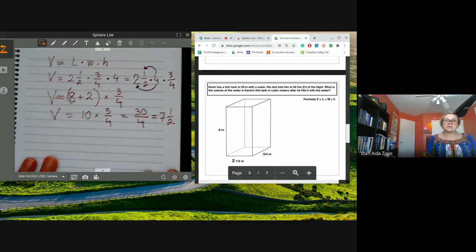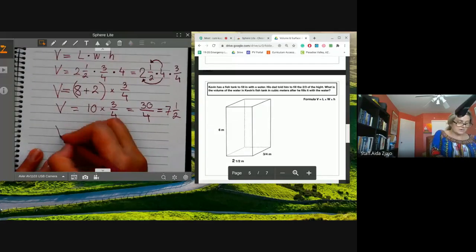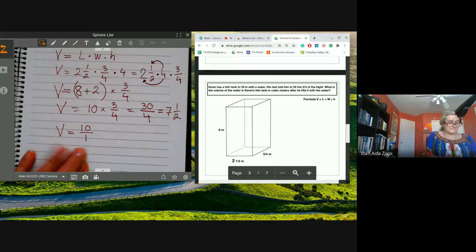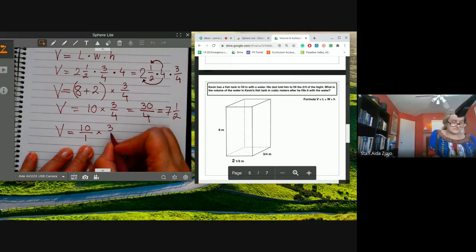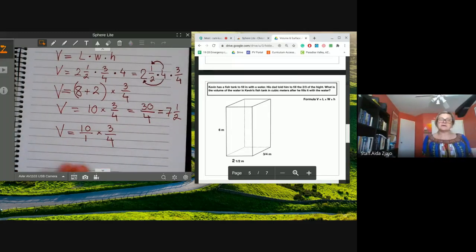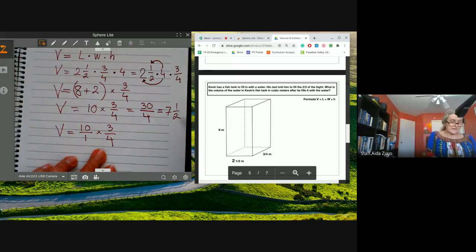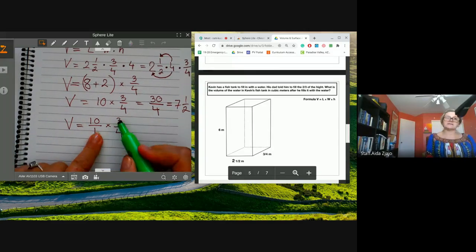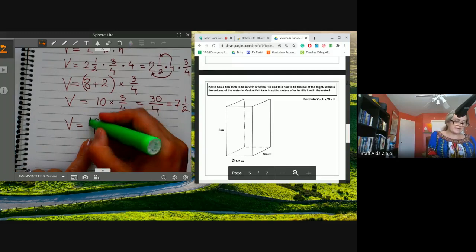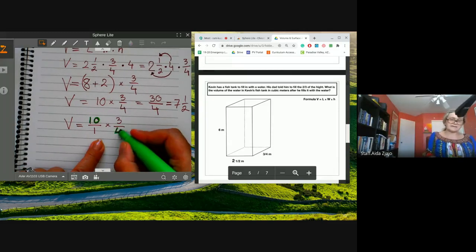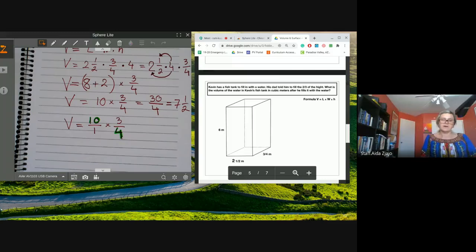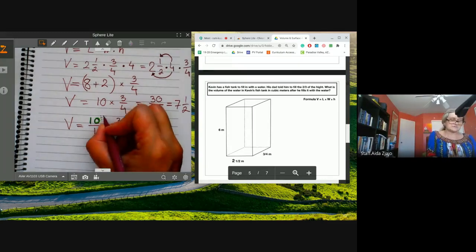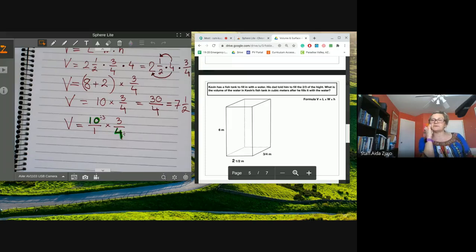But I want to show you that if I go a different way, if I make 10 a fraction, and times 3/4, I can look across and simplify my problem right there. I can see that 1 and 3 are not related, but I can simplify 10 and 4. What number can I divide both by to make it smaller, so I don't need to deal with big numbers?